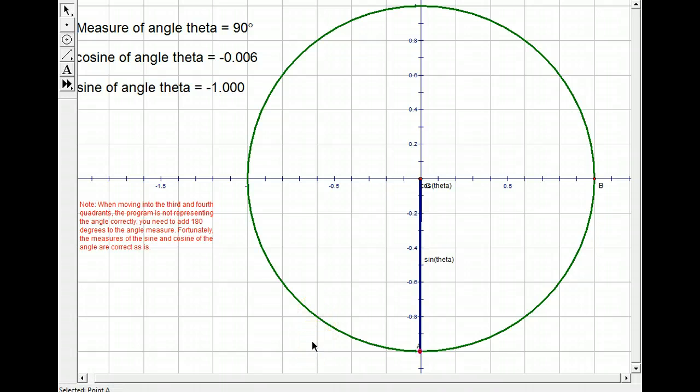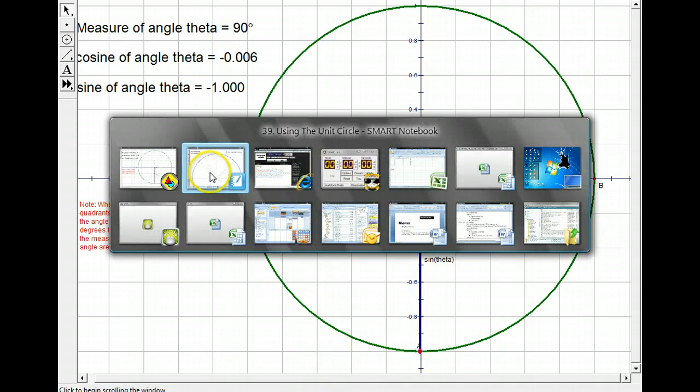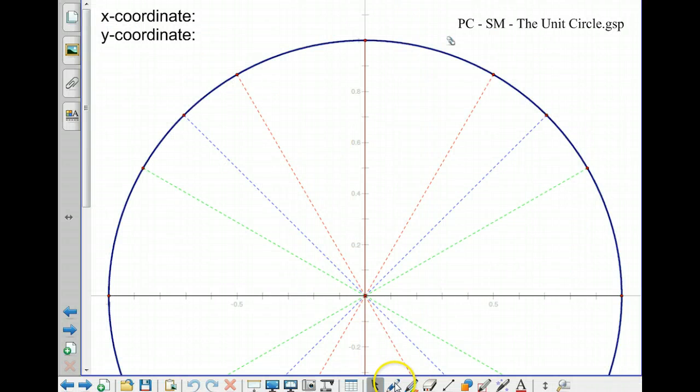So somewhere you need to write down that the x-coordinate is going to give you cosine of an angle. Cosine of an angle gives you the x-coordinate. Or you could look at sine of an angle, and that's your y-coordinate.